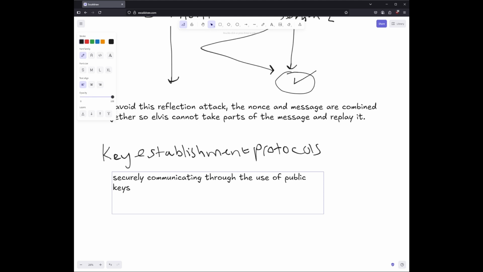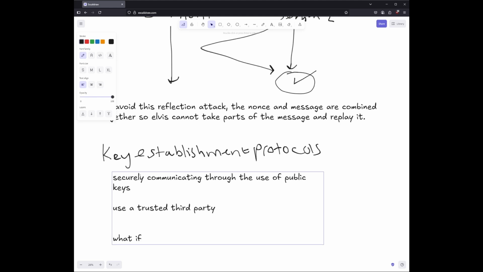Or you can use a trusted third party that's trusted by both A and B, and then we can exchange the keys.